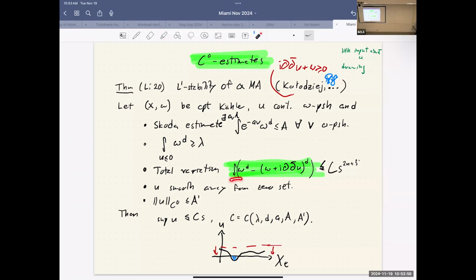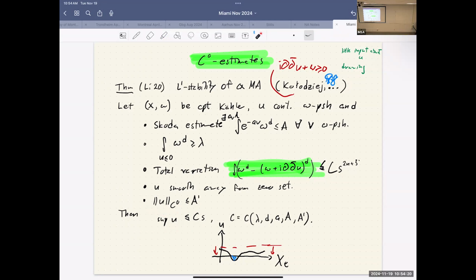It just gives a bound on the integral, the total variation. So it's a very, very coarse bound. And you also need a C0 bound on A. But if you think about what happens if we let S tend to 0, then we get something much stronger than the C0 bound. We get full control of the supremum.